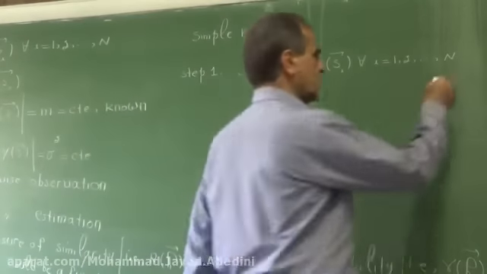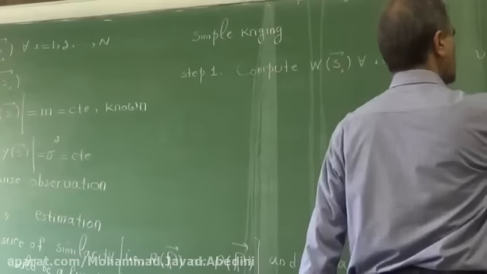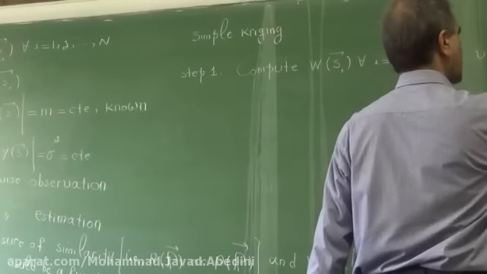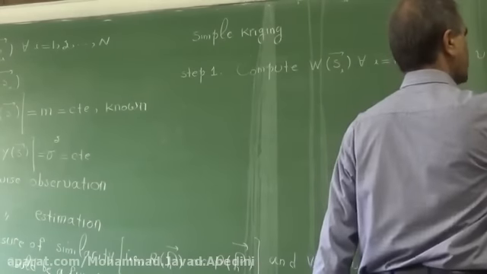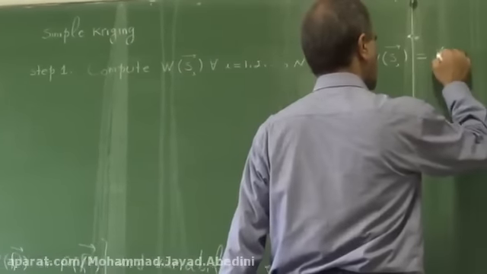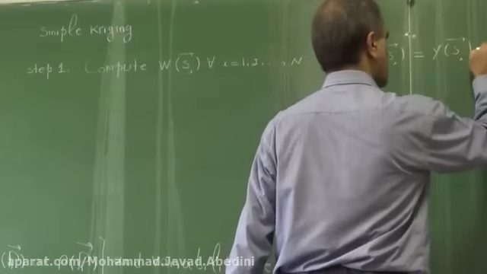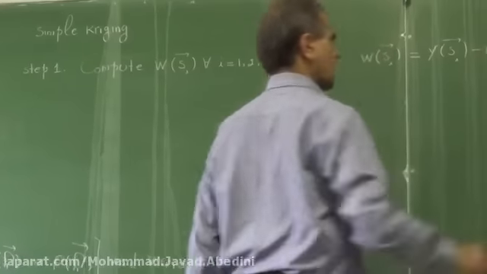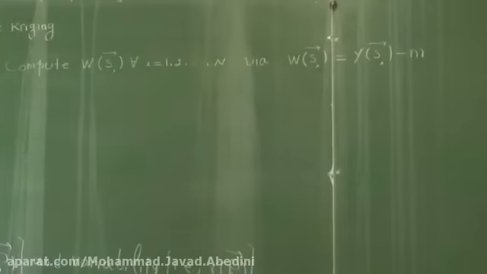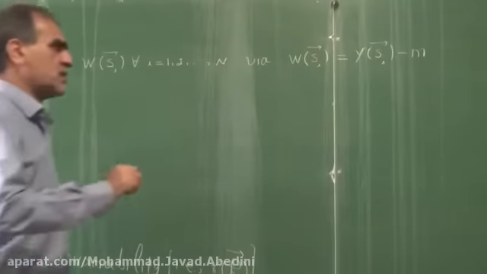via W at S_i is y at S_i minus given m. Please pay attention.